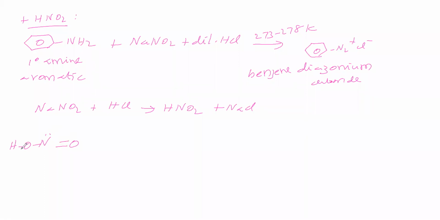This oxygen is having two lone pairs. Now what is attacking this HNO2? H plus from the acid is attacking this oxygen. So the oxygen is getting a positive charge. Next what happens?